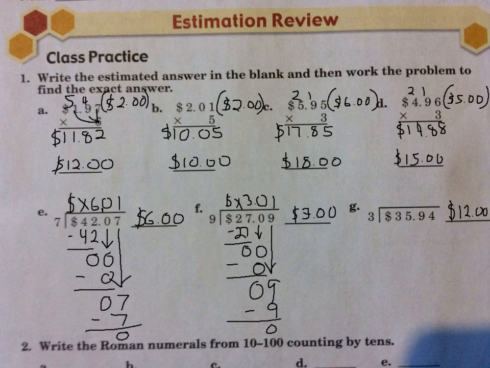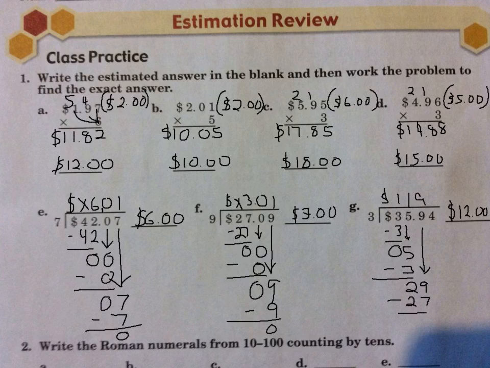3 goes into 3 one time. 3 times 1 is 3. Subtract. You get 0. Bring down your 5. 3 goes into 5 one time. 3 times 1 is 3. Subtract. We get 2. Bring down the 9. 3 goes into 29 9 times. 3 times 9 is 27.